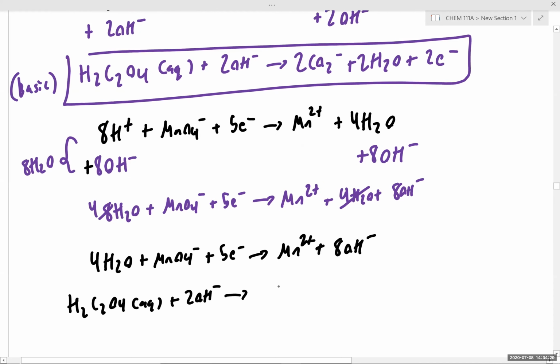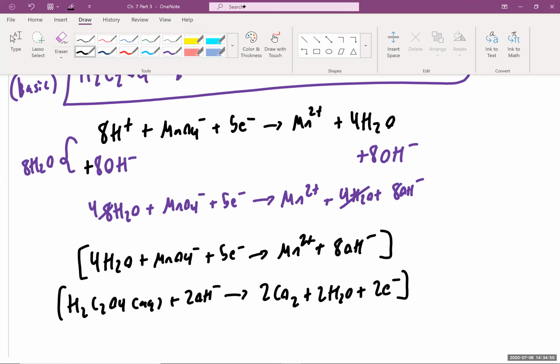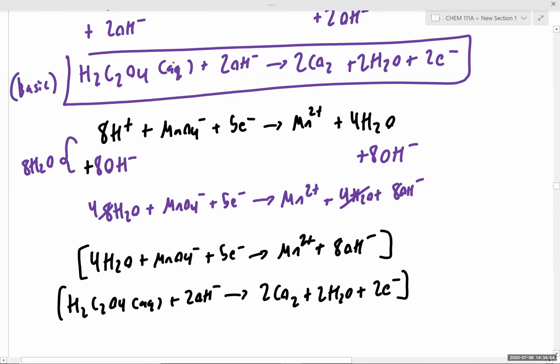Leads to 2 CO2 plus 2 H2O plus 2 electrons. And again, just like before, we are doing the same pattern where we take a look at our number of electrons in each of our half reactions, and then we decide what whole number I need to multiply both of my equations by.